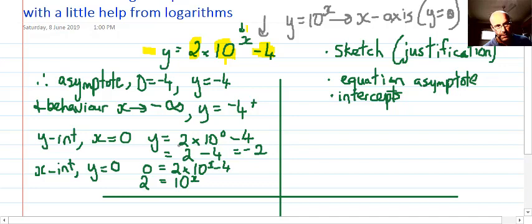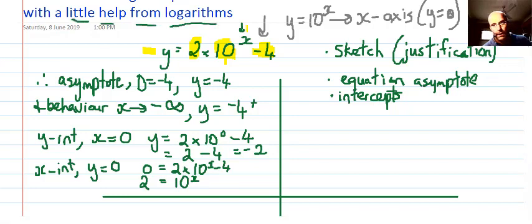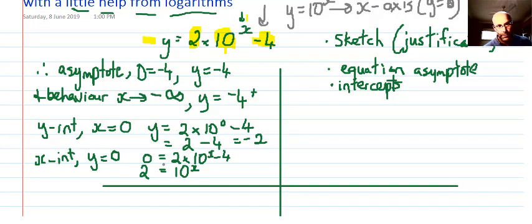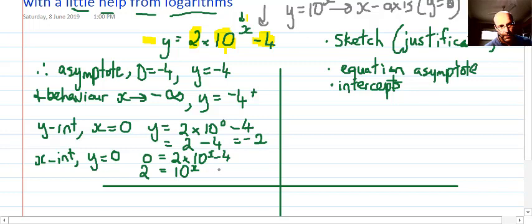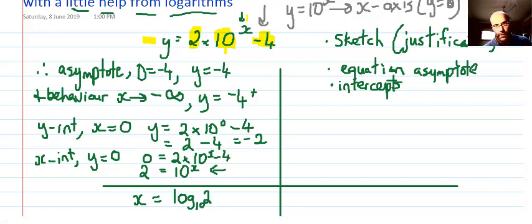Now this is where a little help from logarithms comes in. Hopefully you've watched the preceding videos in the correct order. So changing that statement there, we have x equals log of 2 to base 10. We'd use our calculator for that.